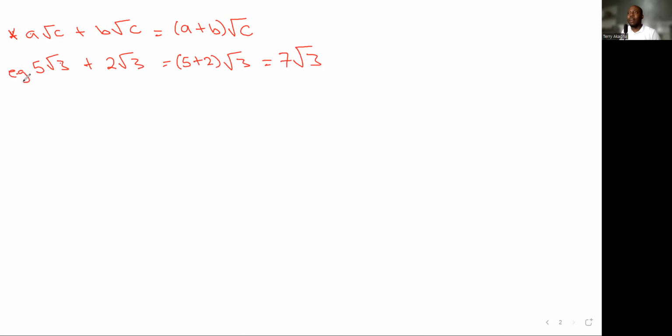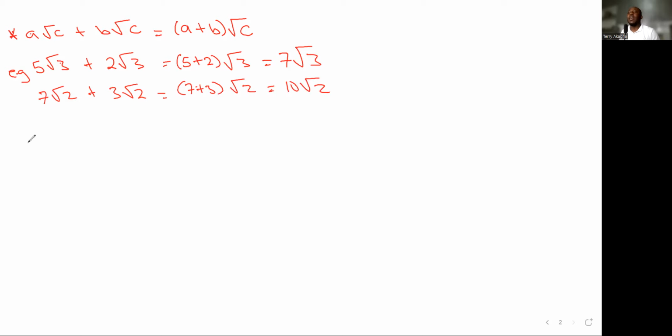This is what you have to keep in mind: if the surds are the same, then you add. But if they are different, nothing changes. Let's pick another example. If you have 7 root 2 plus 3 root 2, you add the numbers 7 plus 3, which gives you 10, so it's going to give you 10 root 2.